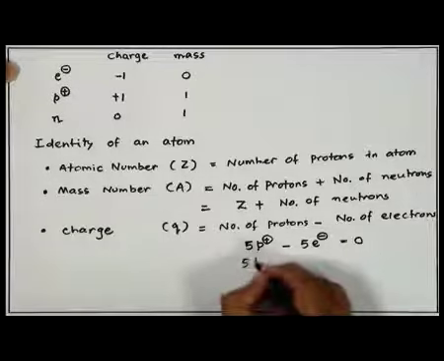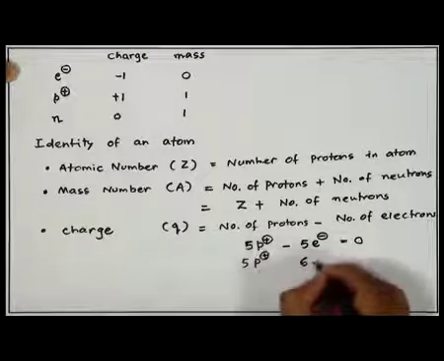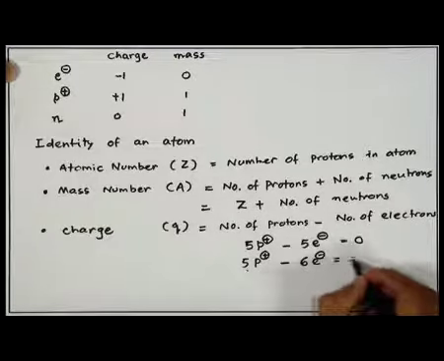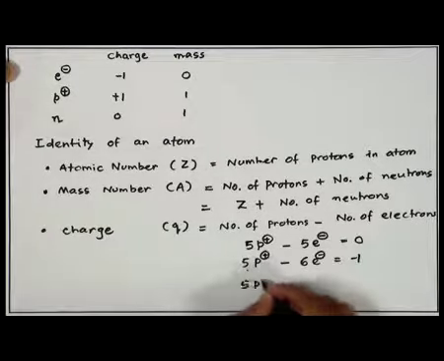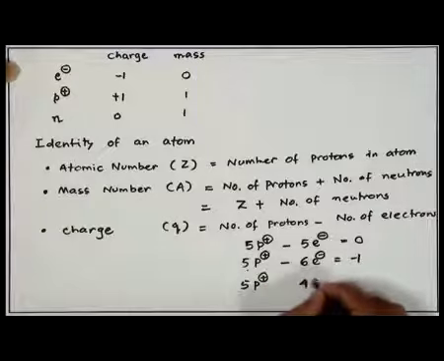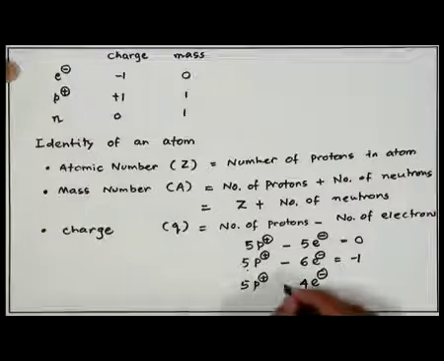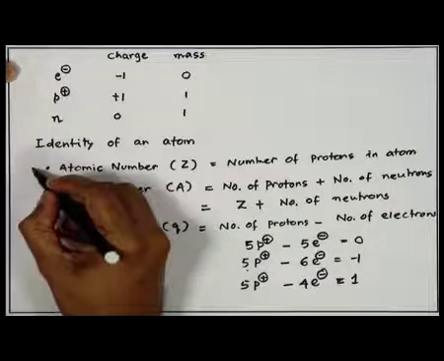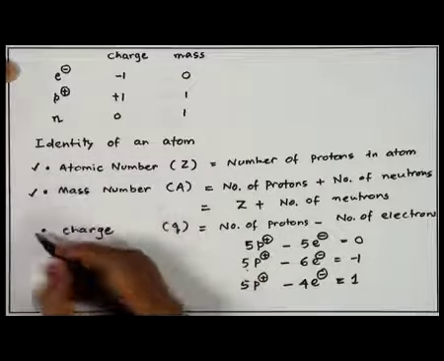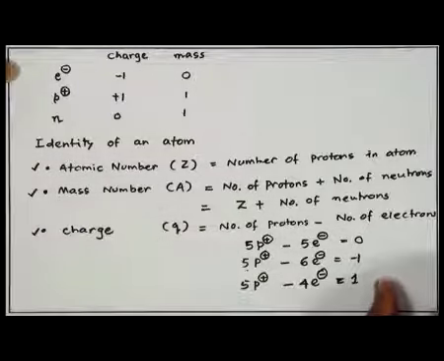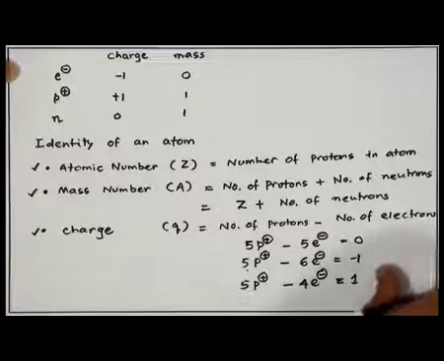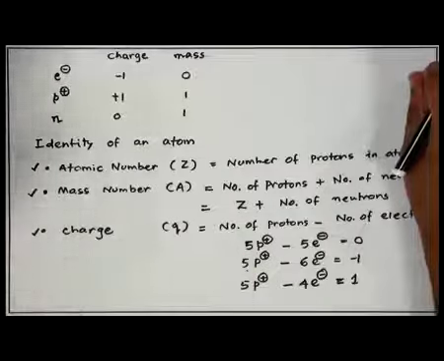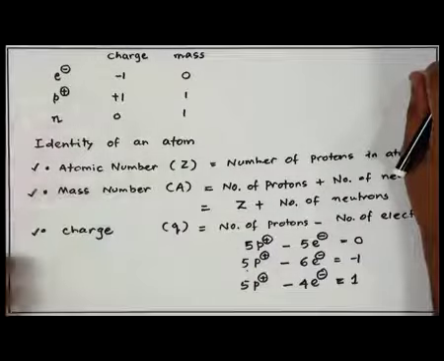If I had 5 protons and 6 electrons, this is 5 plus and this is 6 minus, total charge is minus 1. Similarly, if I had 5 protons and only 4 electrons, plus 5 minus 4 gives me plus 1. So, this way I can obtain atomic number, mass number and charge. These three quantities are sufficient to describe the identity of an atom. We will use these concepts and take some examples to clarify our knowledge further.